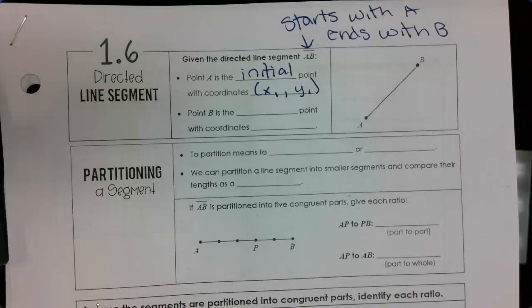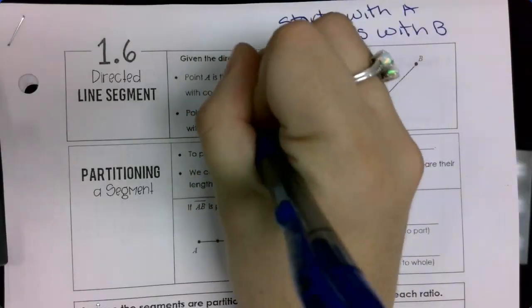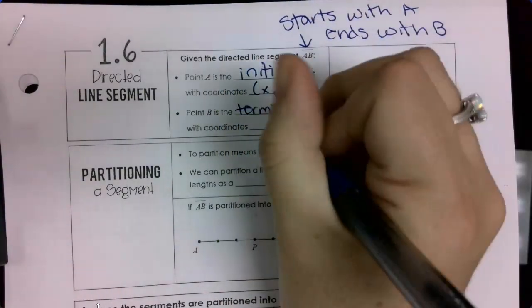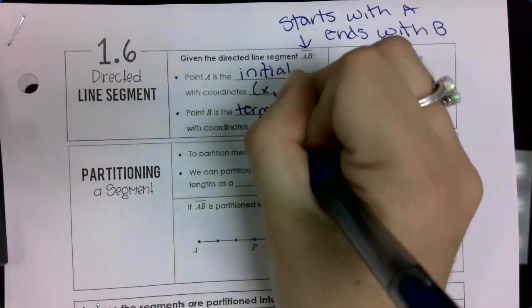And point B is the terminal point with coordinates x sub 2, y sub 2.